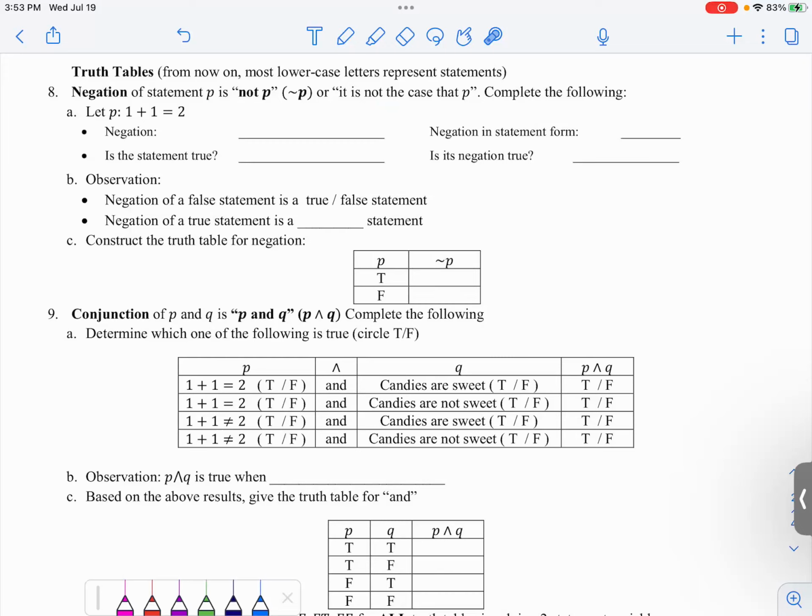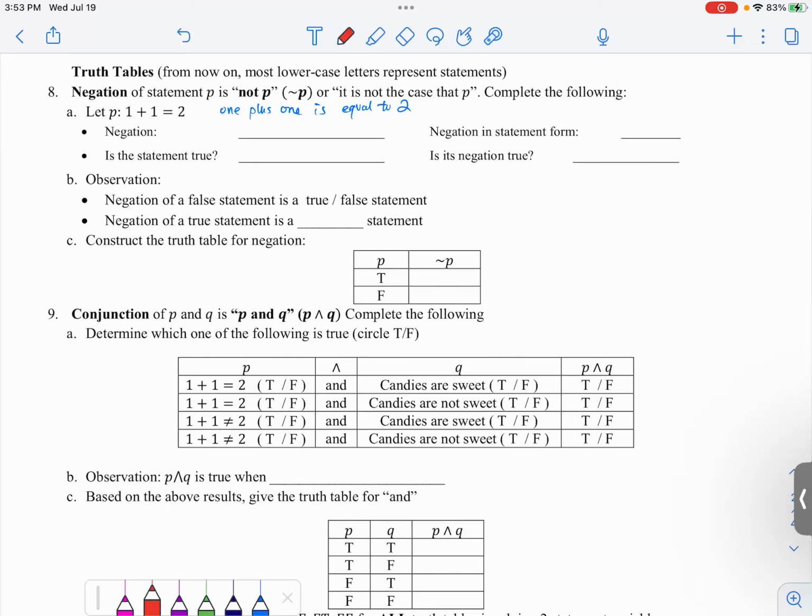For example, let's begin with a concrete example. Say we define statement P as 1 plus 1 is equal to 2. The negation is, it is not the case that 1 plus 1 is equal to 2, or you just put a not there: 1 plus 1 is not equal to 2.